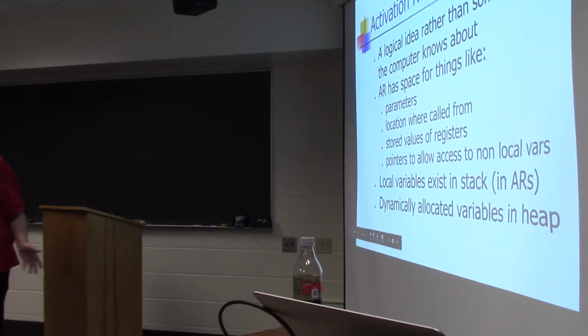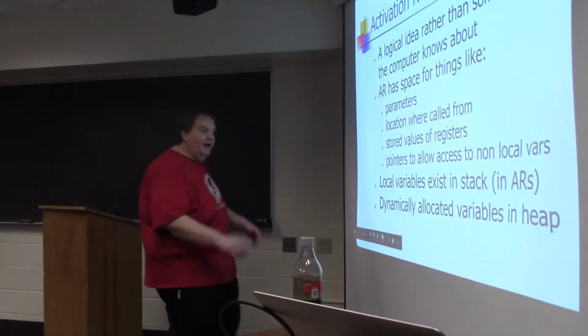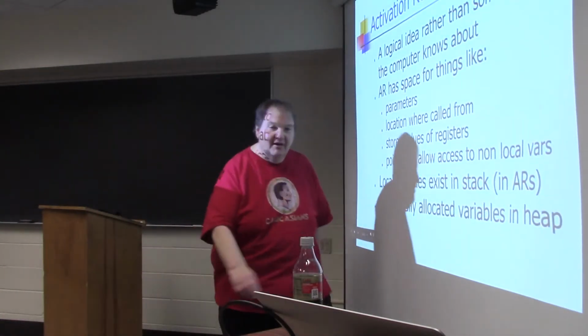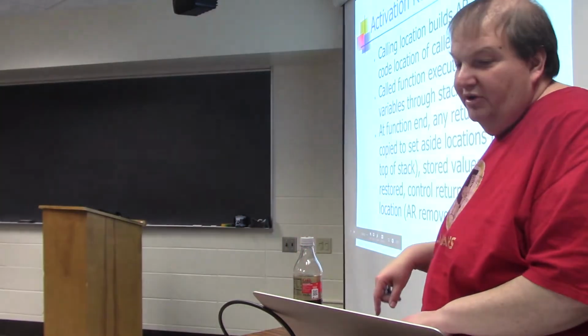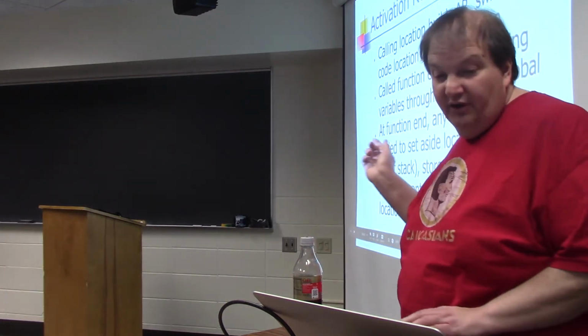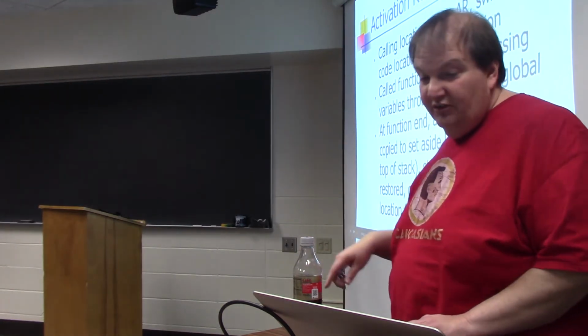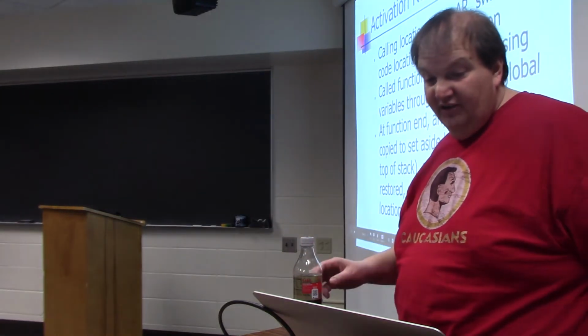So literally the calling function sets up the activation record. The local variables exist in the stack. Dynamically allocated variables exist in the heap. So the calling location builds the activation record and switches the code location to the called function. The called function executes, keeps going through, and accesses the stack, heap, and globals through the various pointers.